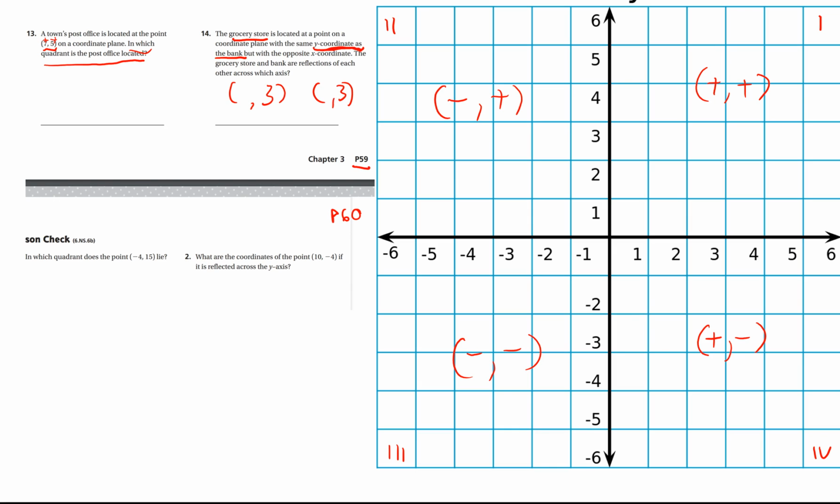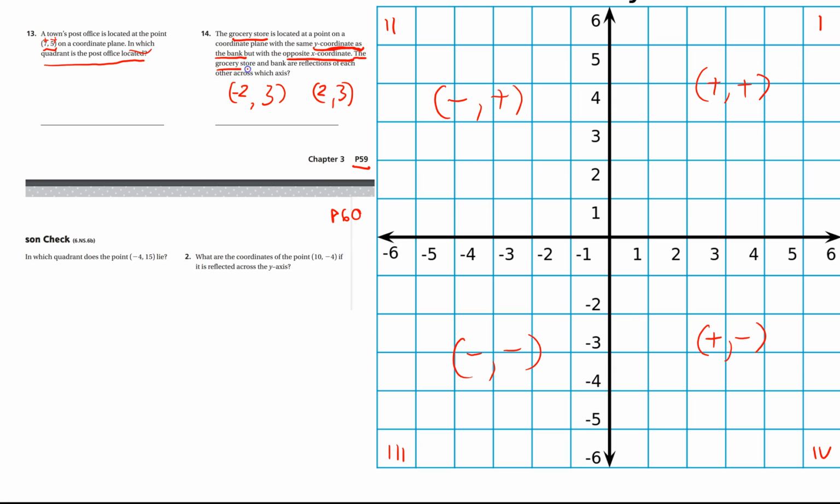Now we can go back and change it if we learn more information, but for right now, just so we can visualize it really well, I'm just going to put a random number in the y coordinate place, but I want them to both be the same because that's what it tells us. It says they have the same y coordinate. So let's pretend they both have a y coordinate of 3, but they have the opposite x coordinate. So let's just pretend, again, I don't know, but I'm going to make sure they're opposites. -2 and 2 are opposites.